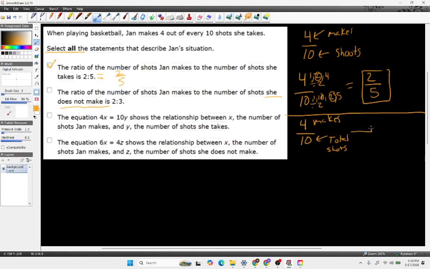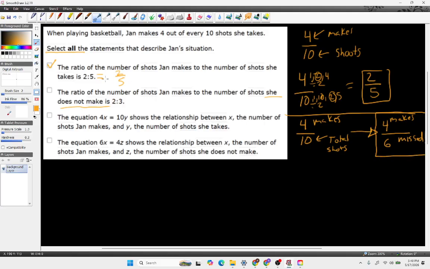So using this information, we're going to make a new ratio of shots she makes over shots she misses, which must be 6, right? If there's 10 total shots and she makes 4, that means she missed 6 of them. Okay, so this is from our original situation, 4 out of 6.